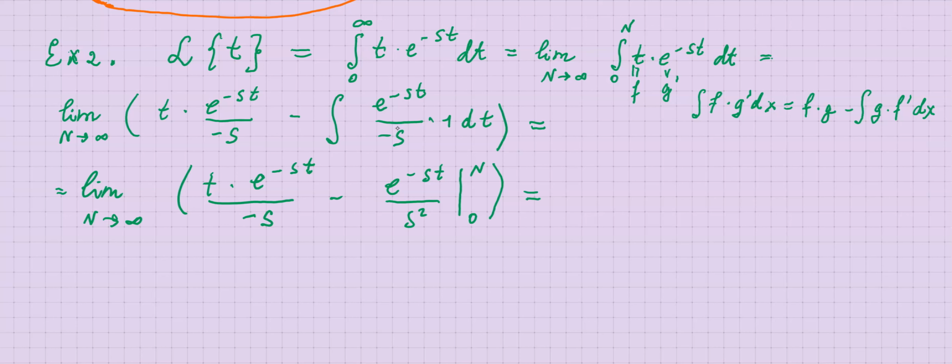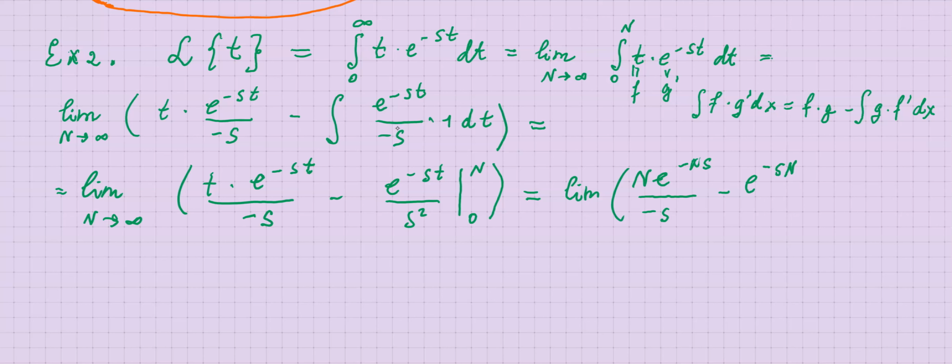Now I'm ready to substitute 0 and n to do my limit. I'm going to start with n. I'm going to have the limit of n e to the power of negative st over negative s minus e to the power of negative s n. Sorry, I plugged n in the wrong place. It's supposed to be s times n, because my variable is t here.